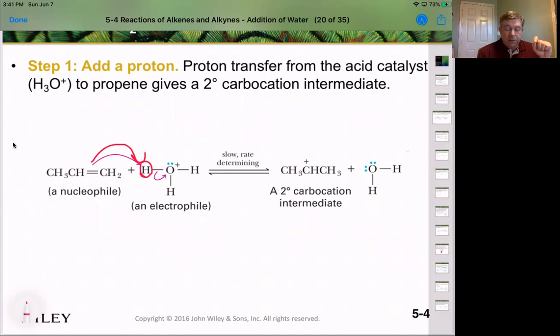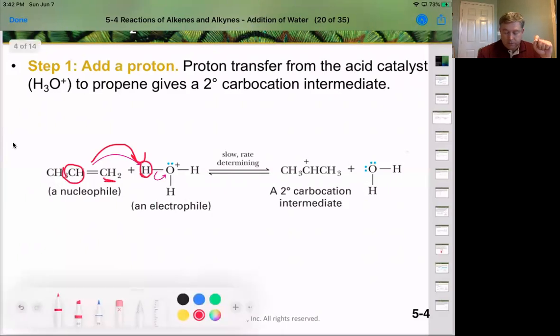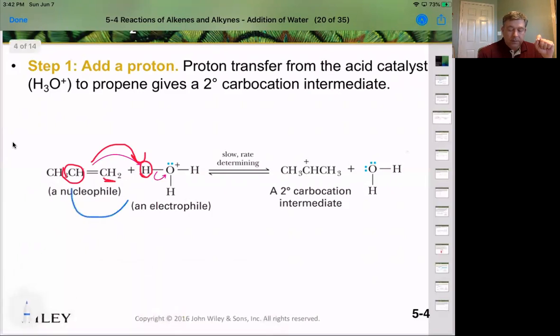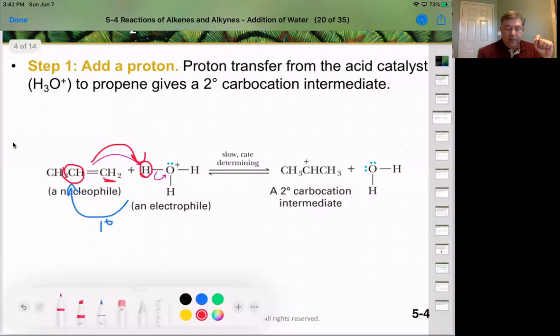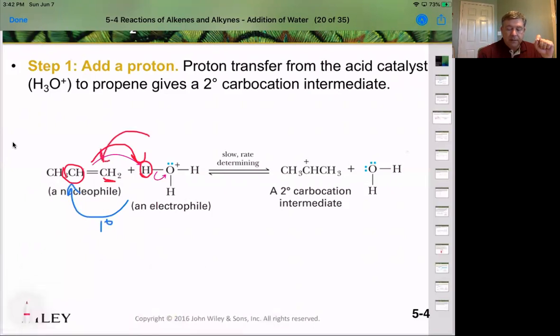And again, we want to generate the most stable carbocation possible. In this case, if we added the hydrogen to this side here, we'd make a primary carbocation. But if we add the hydrogen to this side here, we'll get a secondary carbocation. That means we must add the hydrogen to the carbon that'll give us the secondary carbocation.